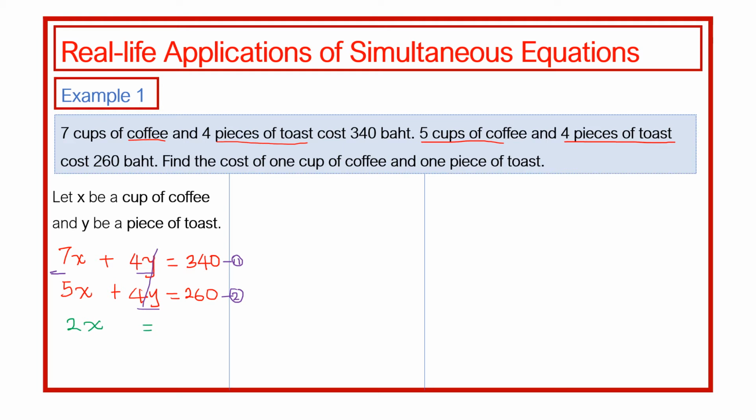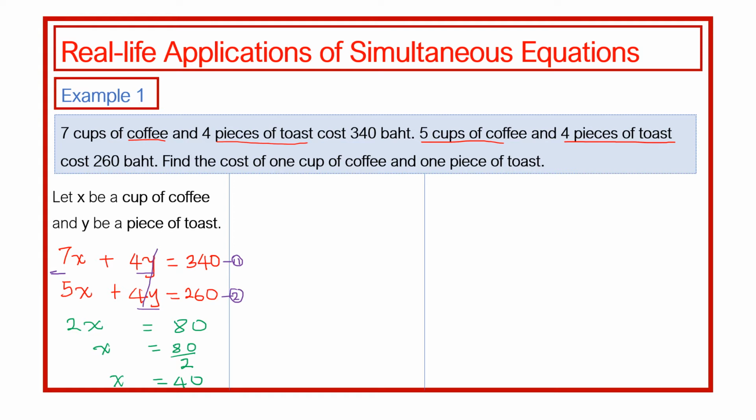Then 340 minus 260 equals 80. So x equals 80 divided by 2. So x equals 40.